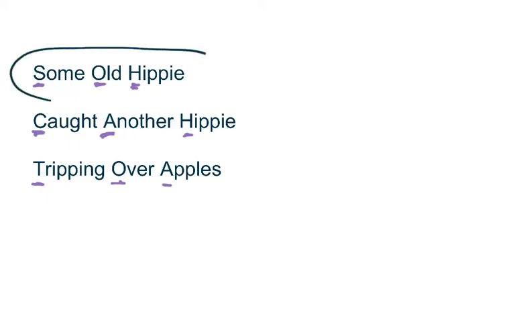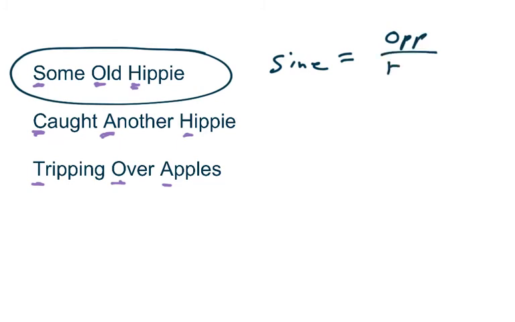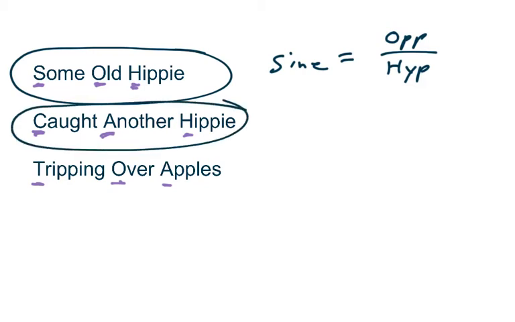Now, what's the point of SOHCAHTOA? SOH stands for sine equals the opposite side over the hypotenuse side. It's a ratio that you literally have to memorize. What about caught another hippie, or CAH?